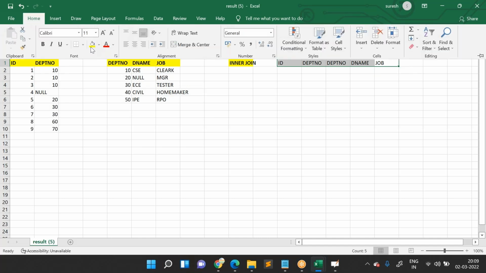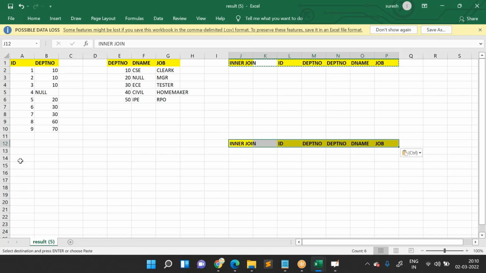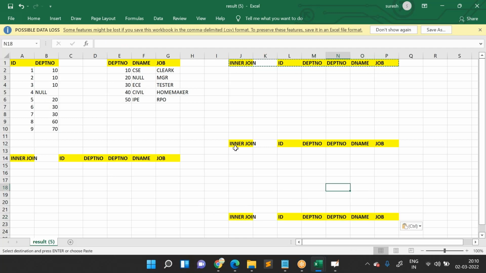Whoever tells, they're going to have very good knowledge in this subject. Now tell me the output for this inner join, and this is for left join, and this is for right join, and this is for full join. That's it. So along with the SQL syntax, tell me the first output.